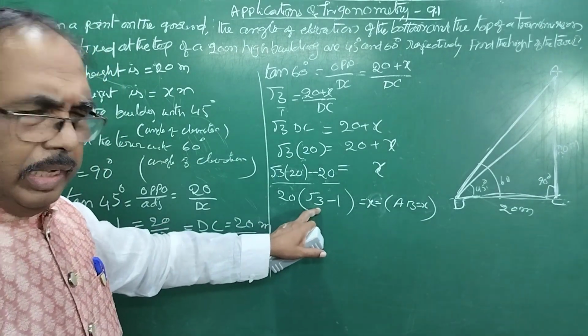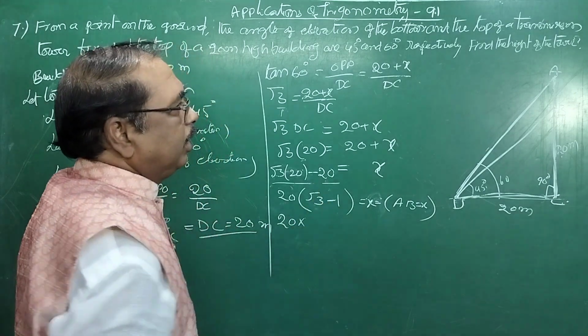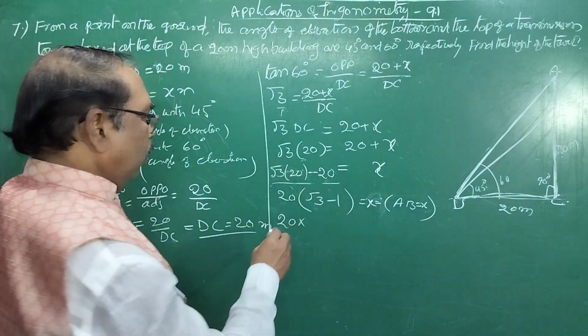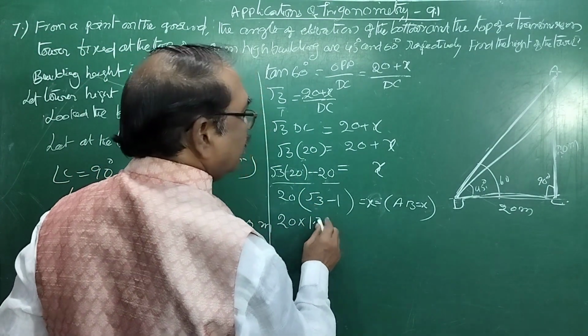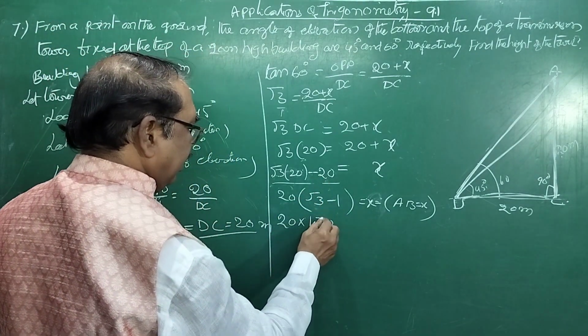Let us calculate clearly. 20 into root 3 minus 1.